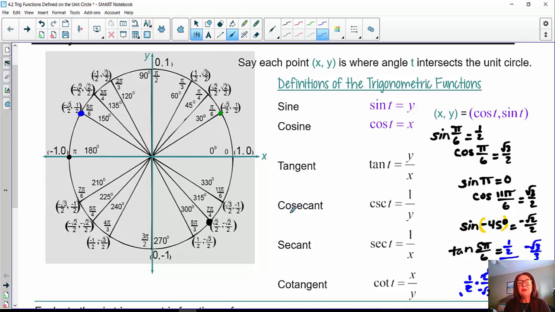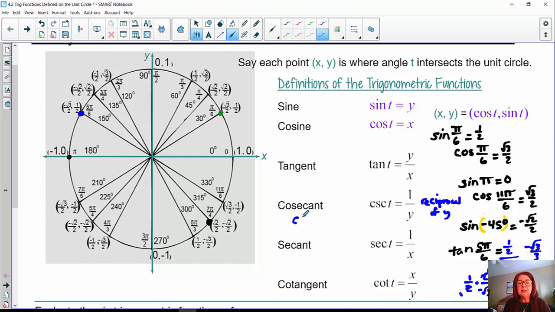All right. On to the cosecant, which is abbreviated CSC. The cosecant of an angle is 1 over y. So I want you to just think about that as the reciprocal of the y value. That's going to be so much easier to think about instead of 1 over y since we're dealing with so many fractions.